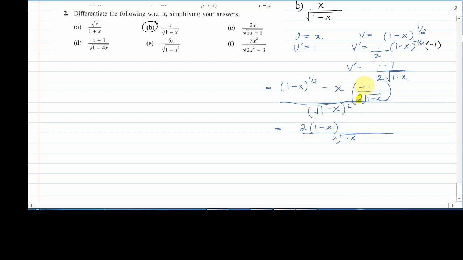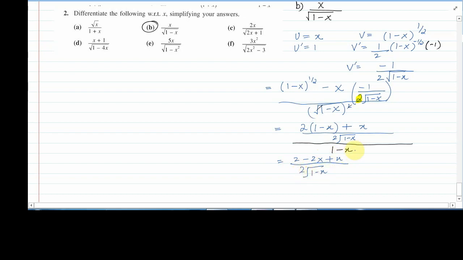Alright, minus minus it's plus, and x ones are x. Now the denominator part, root and square cancel, so that will be only 1 minus x. Alright, now it will be 2 minus 2x plus x divided by 2 under root 1 minus x.